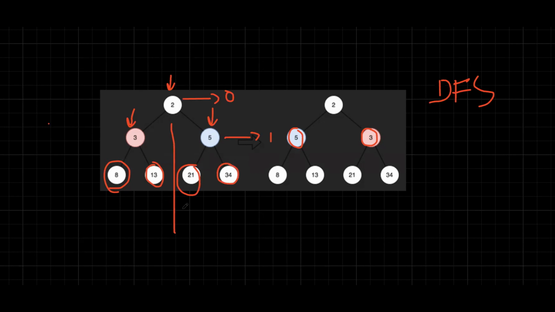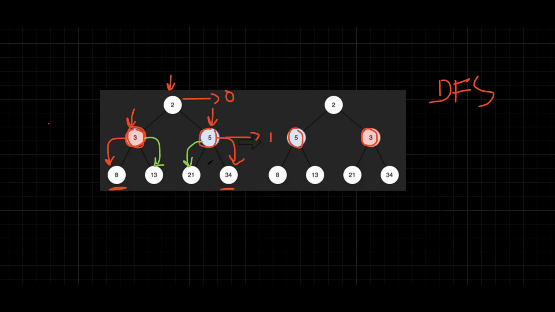So here, when our DFS will be in this left children, we will recursively call the DFS into this left children. And here, again, we will recursively call the DFS into the right children. So it is the one DFS call. After that, we have to again recursively call the DFS into this right children and into this left children.